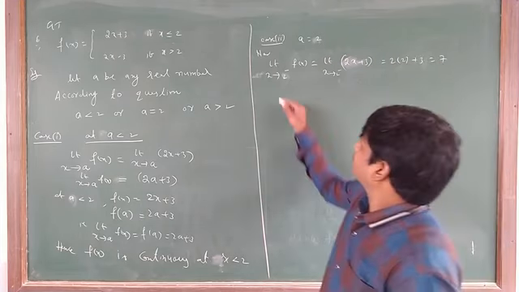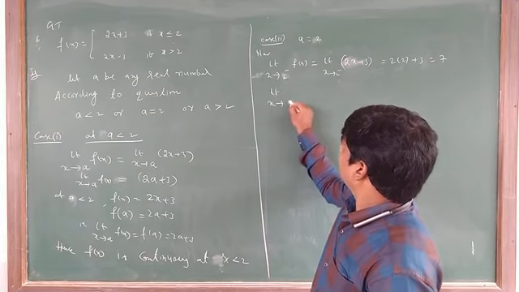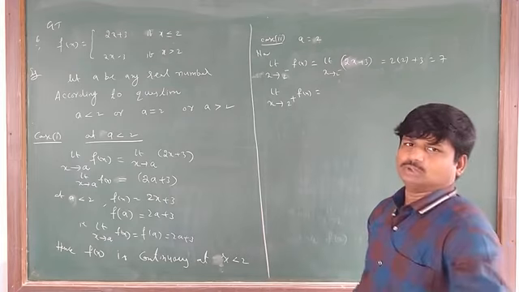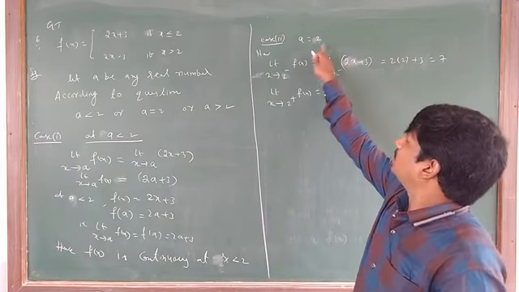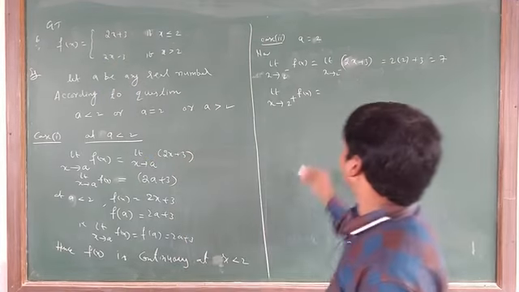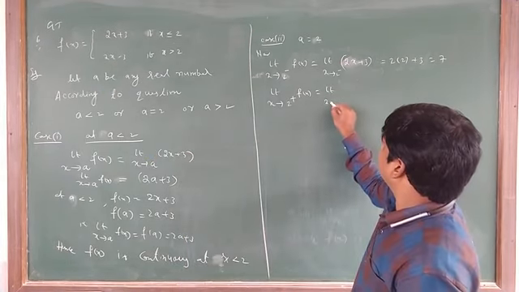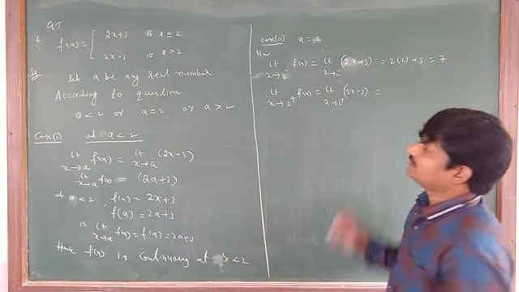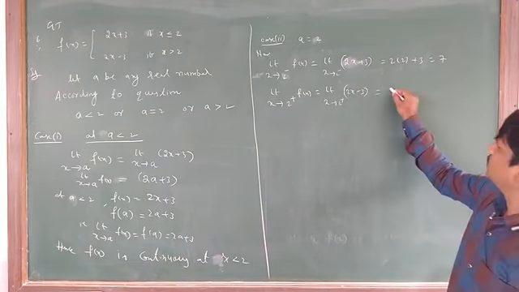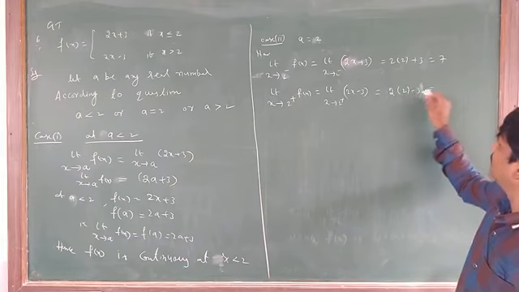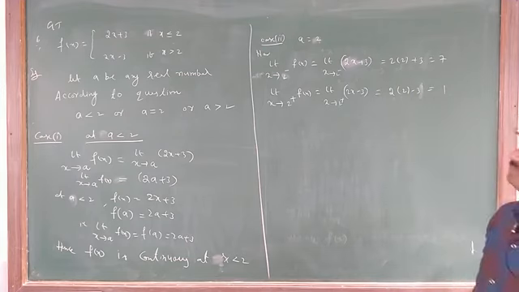Right limit: limit x tends to 2 plus, f of x, is for a real number above 2. Above 2, what is the function here? 2x minus 3. Limit x tends to 2 plus, 2x minus 3. Substitute: 2 into 2 is 4, 4 minus 3 is 1.